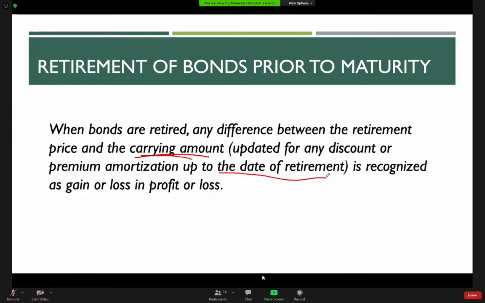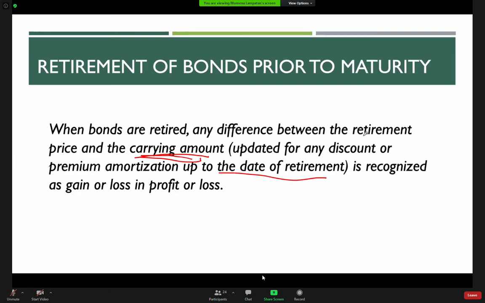So, you amortize the discount or premium first up to the date of retirement, to identify the carrying amount on the date of retirement. Then you compare that carrying amount to the retirement price to determine the gain or loss. If the retirement price is larger, it means you paid more than the actual balance of your liability, so you will recognize a loss.